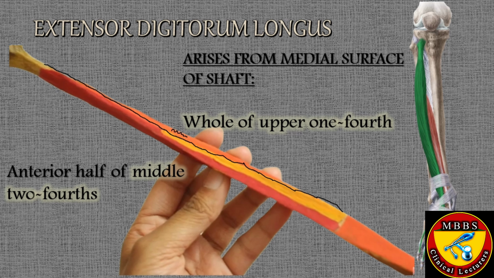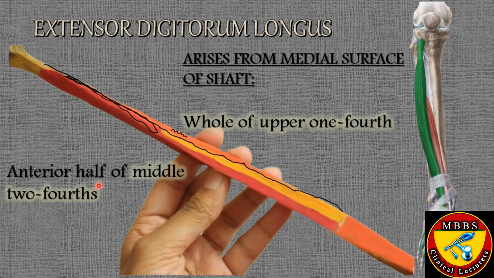So all of this upper 1/4 gives origin to the extensor digitorum longus. As you can see in this diagram, this is the extensor digitorum longus, originating from the whole of the upper 1/4 of the medial surface.